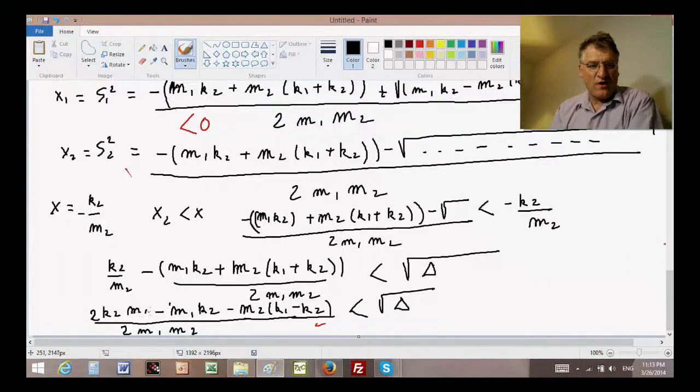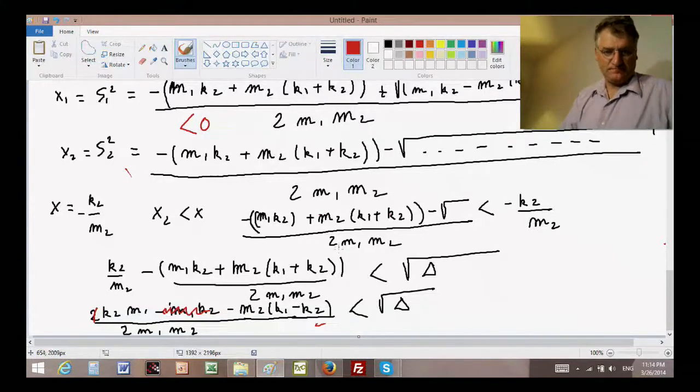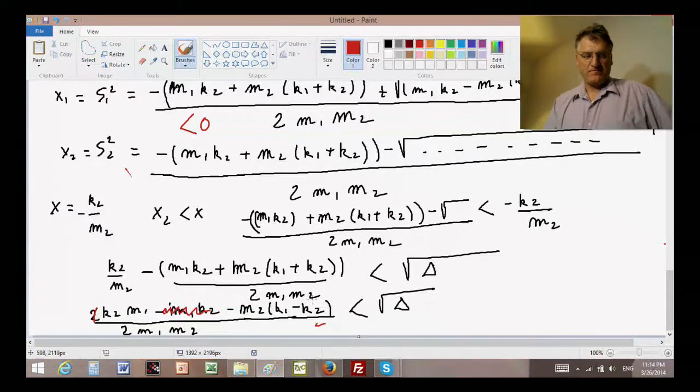Now K2 times M1 simplifies to create this term, and what we get is that we compare K2 times M1 plus M2 with M2 times K1. Okay, and there is no particular property we have here.